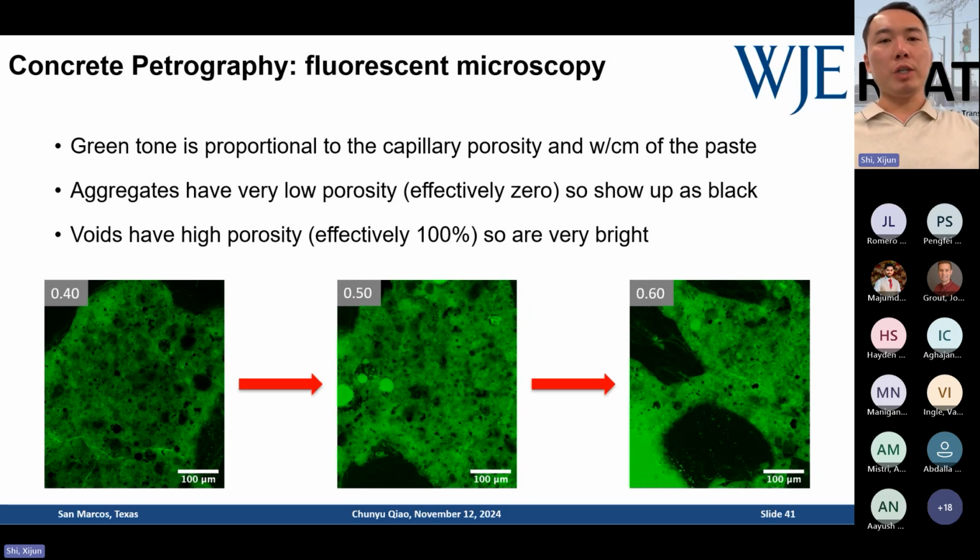When you have a higher ratio, up to 0.6, you will have a brighter and brighter appearance. Why is that? Like I said, the same amount of light goes through, but you have a higher volume of epoxy that can glow, so of course it will be brighter. So that can give us an idea to evaluate, from the fluorescent perspective, the capillary porosity or the microstructure or the water-cement ratio.